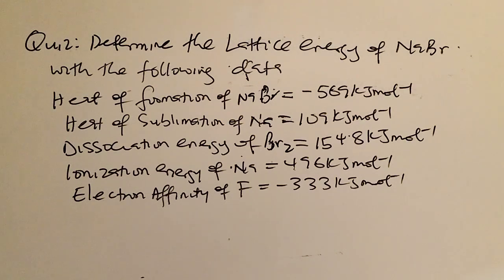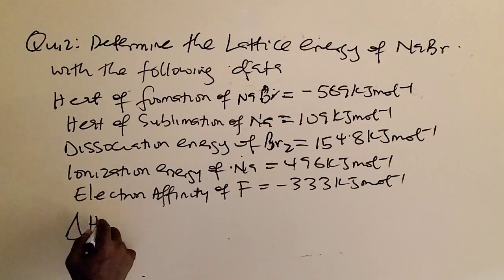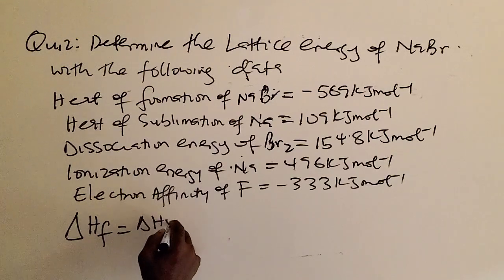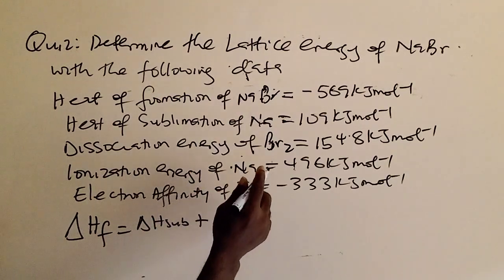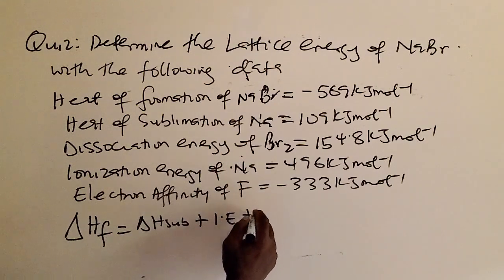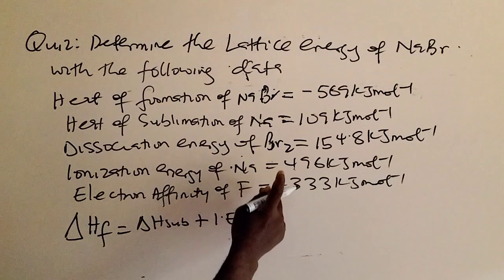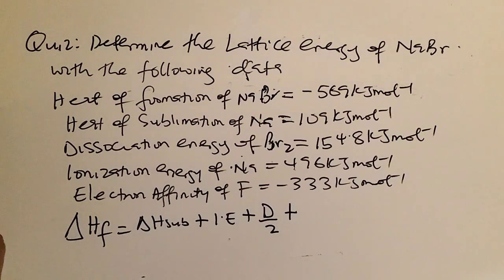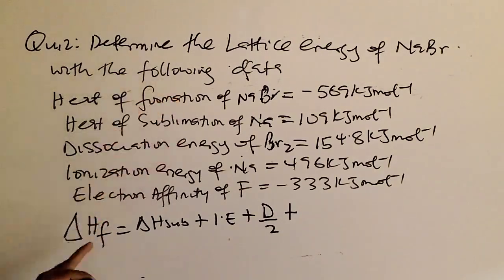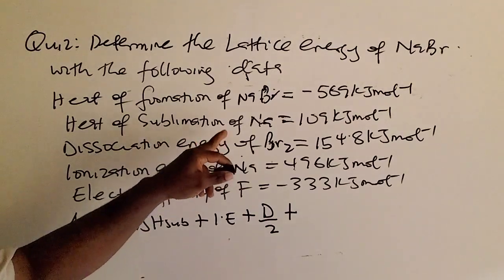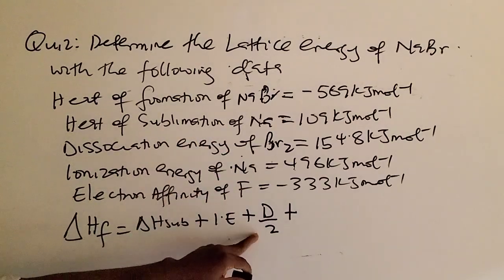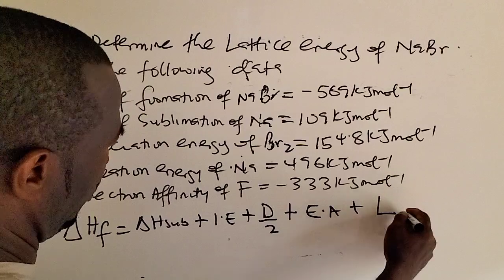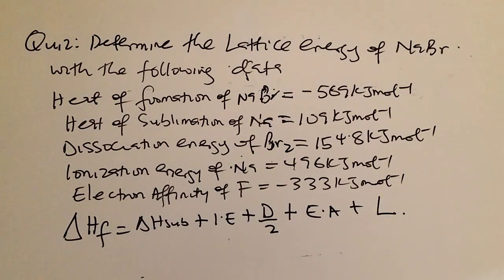So from our Born-Haber cycle, we have the relationship that says the enthalpy of formation is the other enthalpies added together: enthalpy of sublimation plus ionization energy plus the bond dissociation energy of bromine. Since it is the molecule, we divide by 2, plus electron affinity, and of course the lattice energy, which you're looking for. So make a substitution.